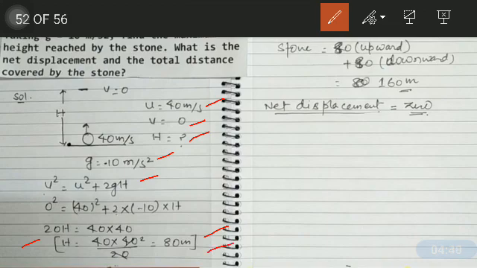So the total distance will be the addition of both upward and downward motion, that is 160 meters. Now talking about the displacement, since the object is starting from the ground and coming back to the ground, the net displacement in such cases becomes 0. So the net displacement or the total displacement is going to be 0.